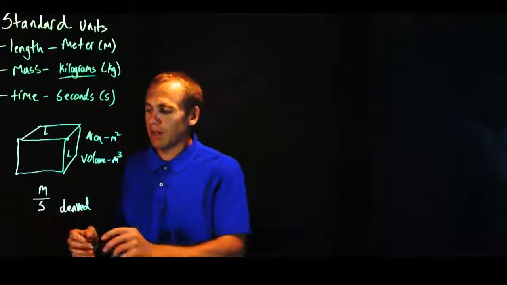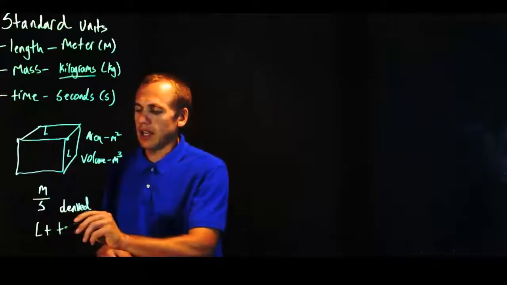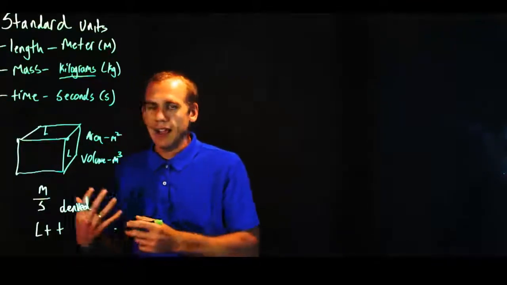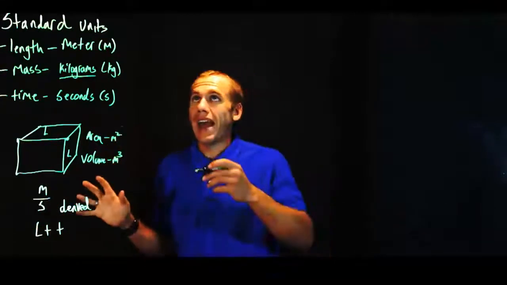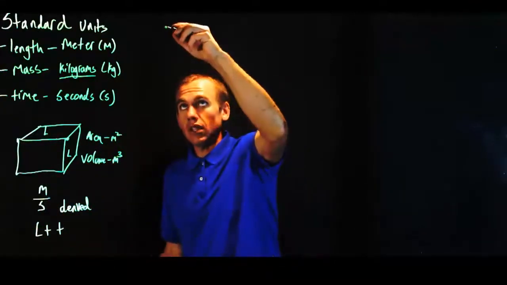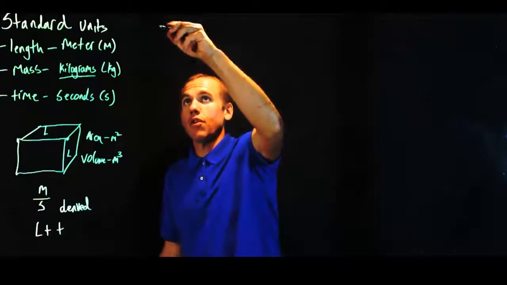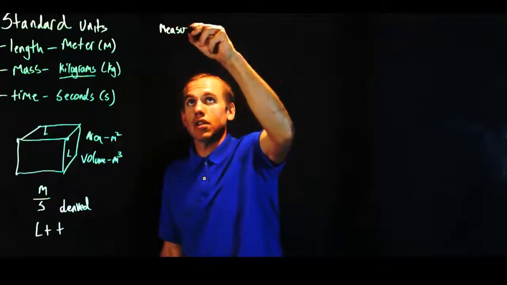But I can't do something like add a length plus a time. That doesn't make sense. It doesn't make sense to add 15 seconds to 10 meters. So in order to add or subtract units, the dimensions must match. I said units, but I meant measures.